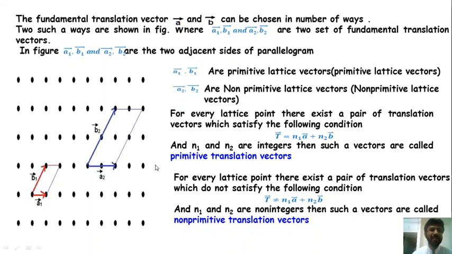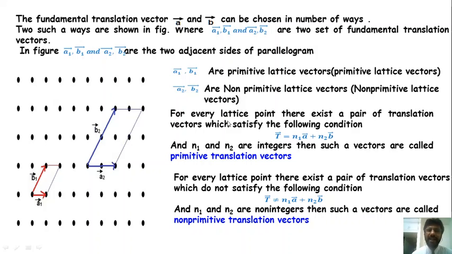While if the parallelogram formed by the fundamental translation vectors has some lattice point inside that parallelogram or inside the figure, then such fundamental translation vectors are known as the non-primitive lattice vectors.